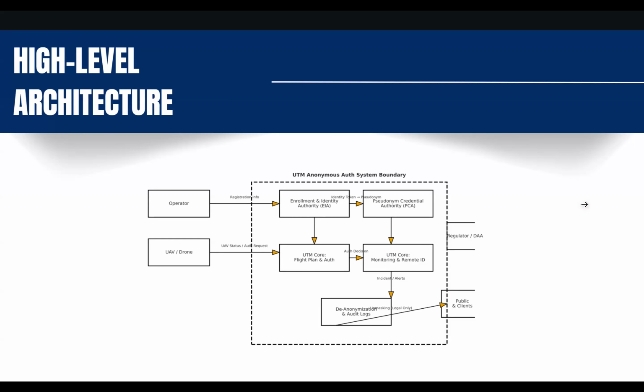The pseudonym credential authority, the PCA, then issues short-lived anonymous credentials. During flight operations, the UTM core verifies authorization without knowing the real identity. Only if an incident occurs does the DAA legally reveal the identity. This preserves privacy during normal operations while ensuring full accountability when required.